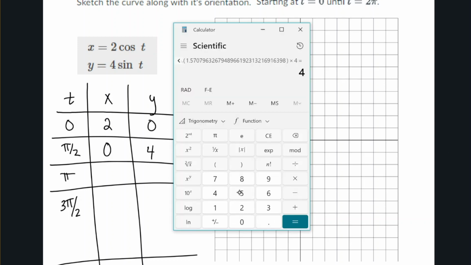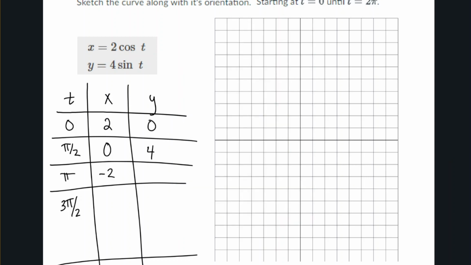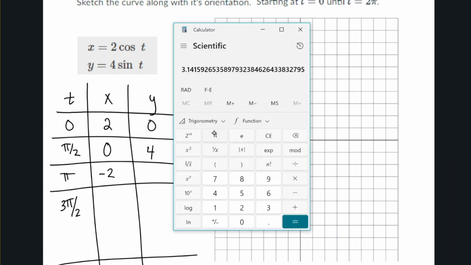Now at pi, I'll plug that into 2 cosine. And I get negative 2. Plug pi into sine times 4, and I get 0. 3 pi over 2, plug that in to each of the formulas.